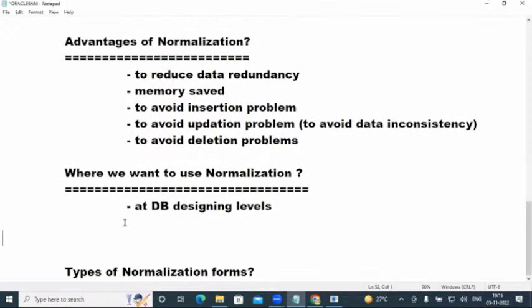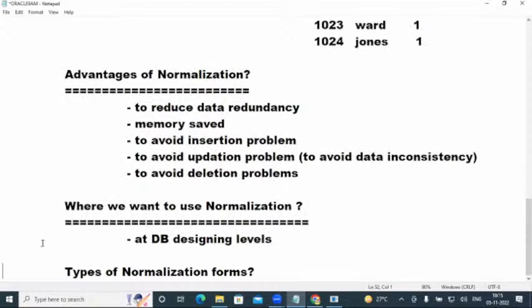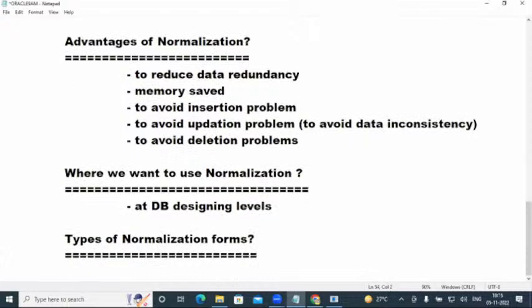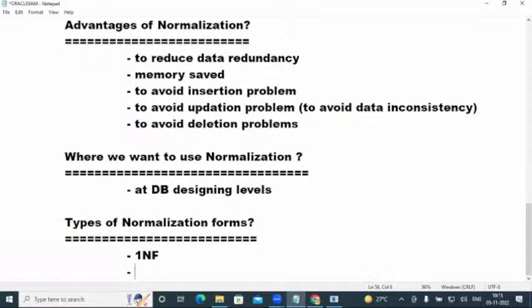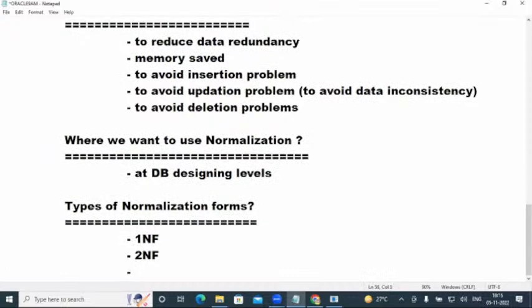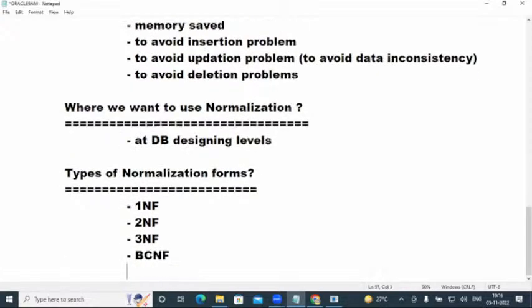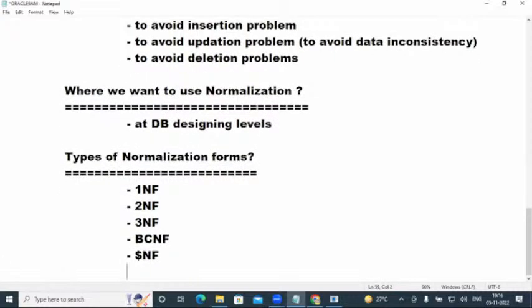Now, next is the types of normalization forms. There are a few types. First, first normal form, second normal form, third normal form, next BCNF, Boyce-Codd normal form, next 4NF, next 5NF.